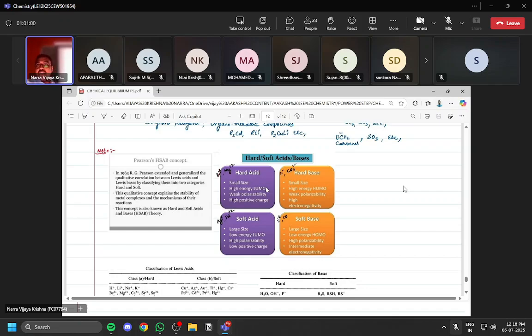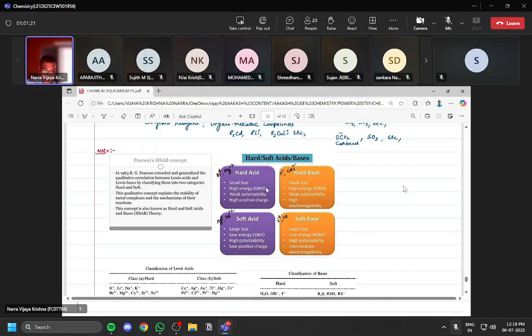If the empty molecular orbitals have higher energy, then it is a hard acid. Weak polarizability: if they are not able to distort the electron cloud, then they are hard acids. High positive charge, then they are called hard acids.